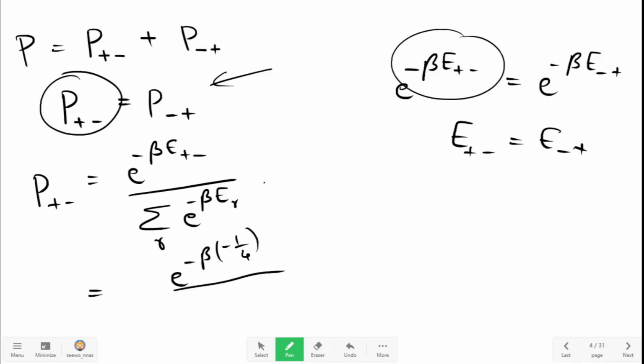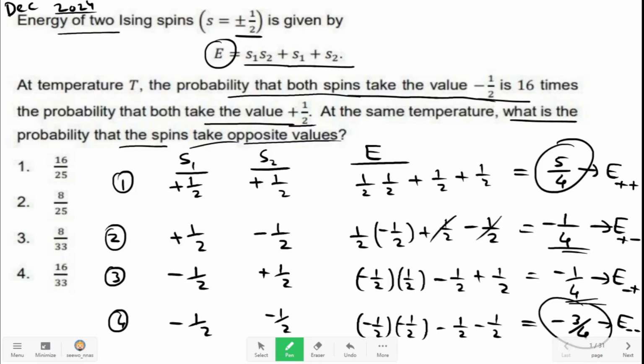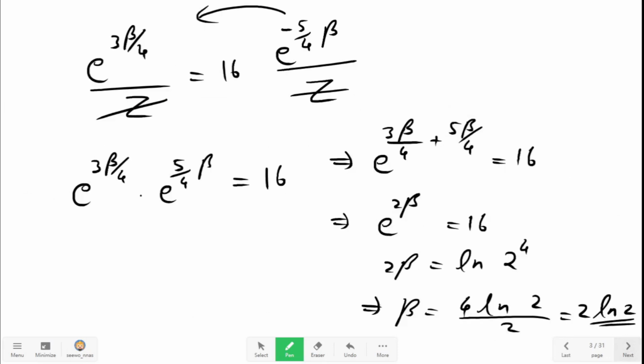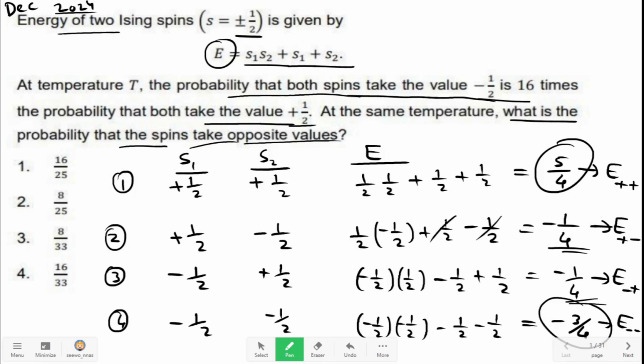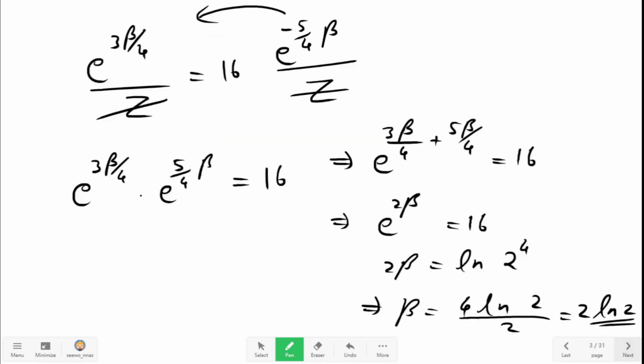Divided by, let us do the summation for the partition function: e raised to minus beta E plus plus, which is 5 by 4, plus 2 times e raised to minus beta times minus 1 by 4.